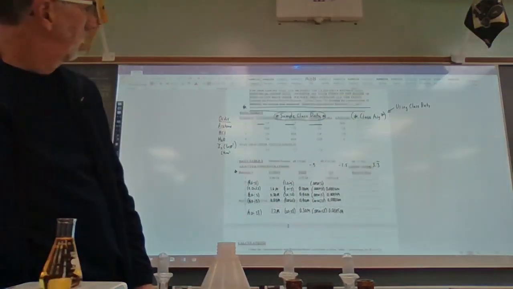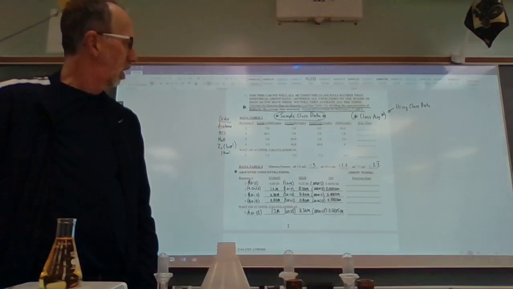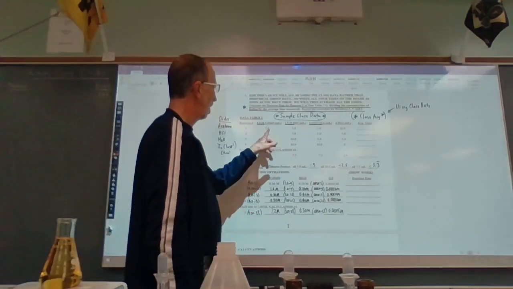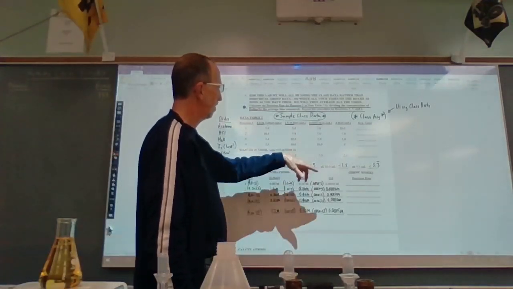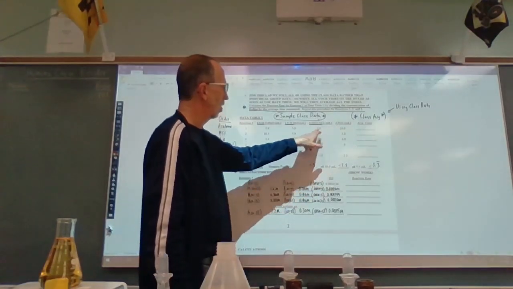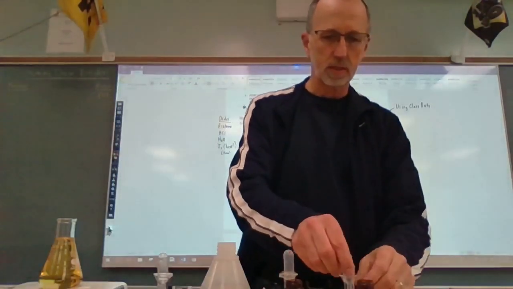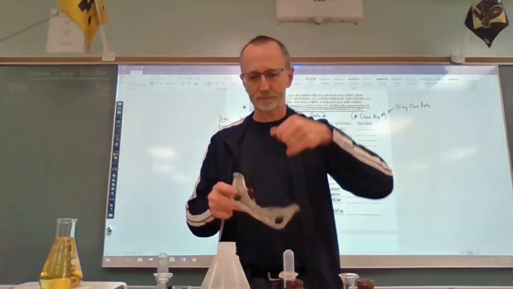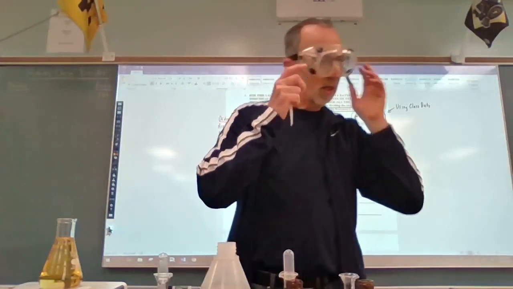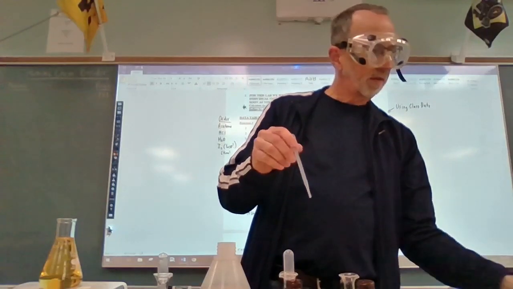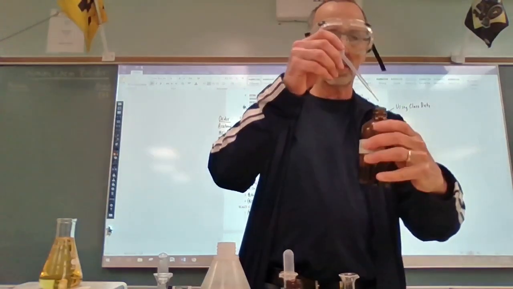And there we go. And so here we are, reaction 1: 5 acetone, 5 HCl, 10 water, and 0.5 iodine, in that order. All right, so I'll put my goggles on here. And so I need 5 mLs of acetone.